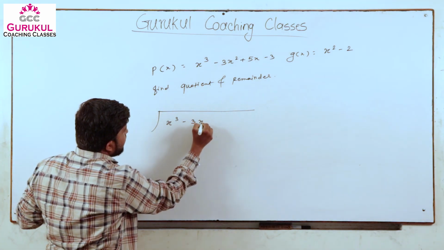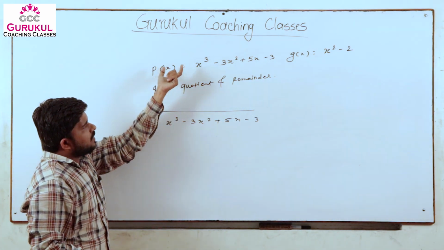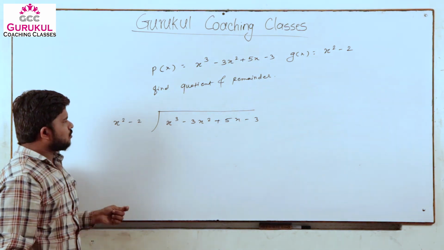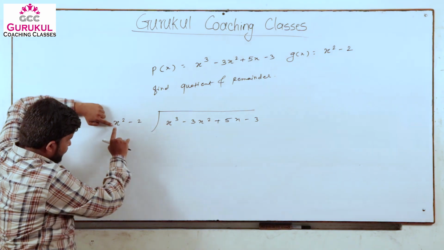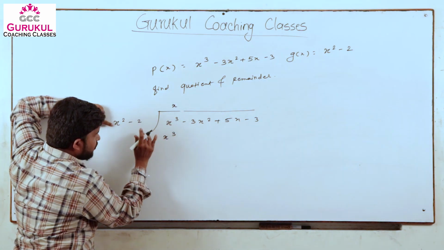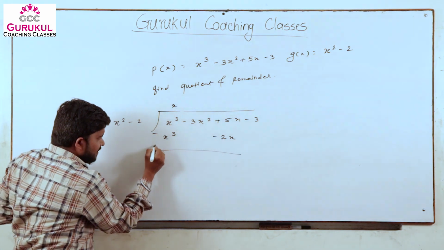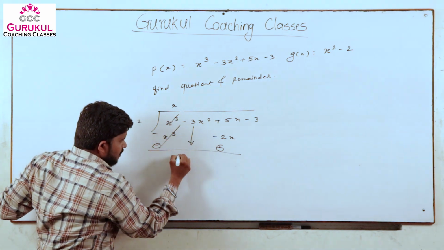x cube minus 3x square plus 5x minus 3. p of x is divided by g of x, which means x square minus 2. x square into x, we get x cube minus 2x. Minus sign change, minus plus, cancel.